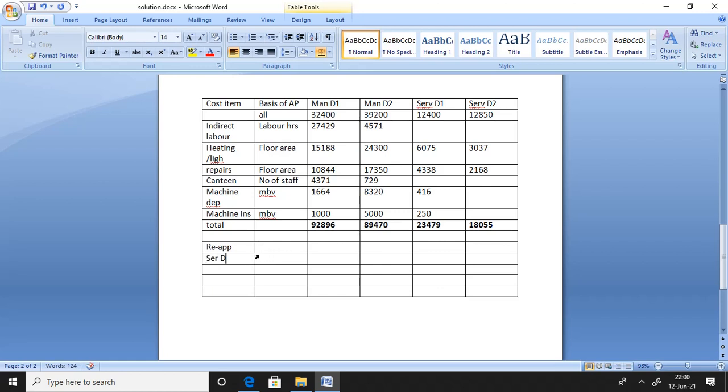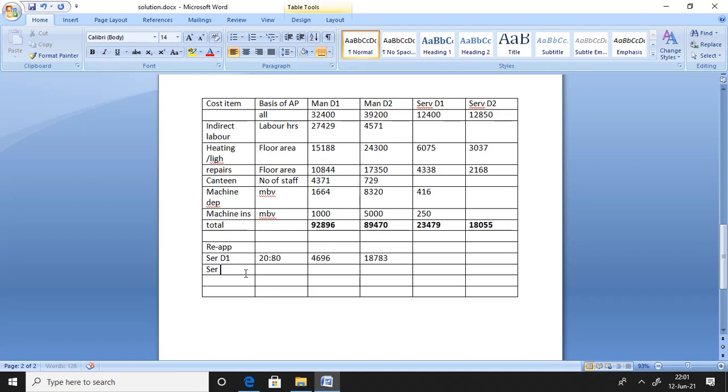The basis of apportionment we've been given is a 20 to 80 ratio. So 20 over 100 multiplied by the service department 1 cost of 23,479, we should get 4,696. And there we should have 18,783.